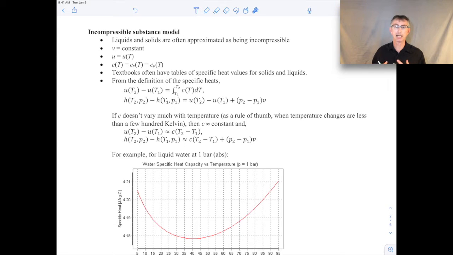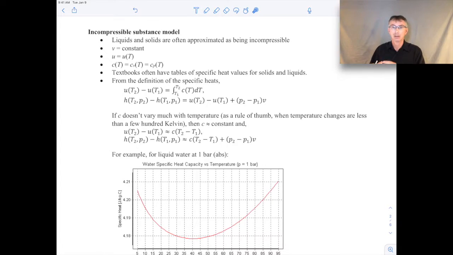So often we rely on models for the way material behaves. So the incompressible substance model is one such model. In reality, the material behaves like compressed liquid behavior in those thermodynamic tables, but the incompressible substance model is a good approximation to reality for liquids and solids under normal engineering circumstances.